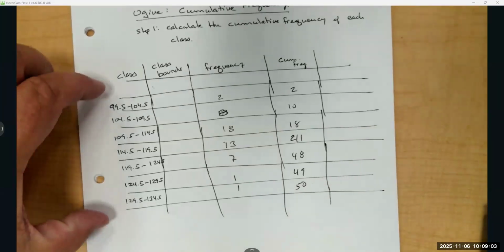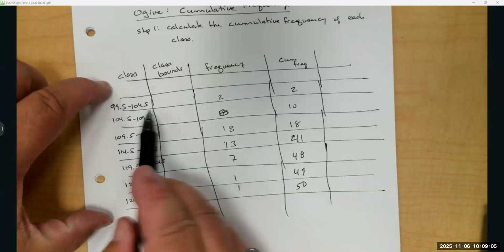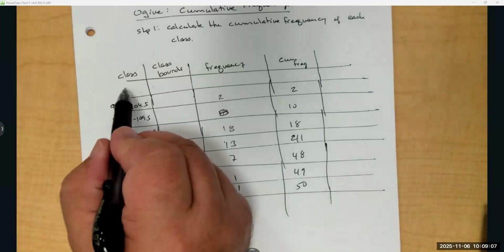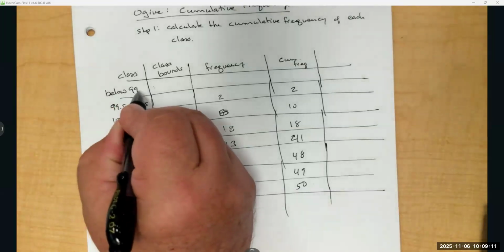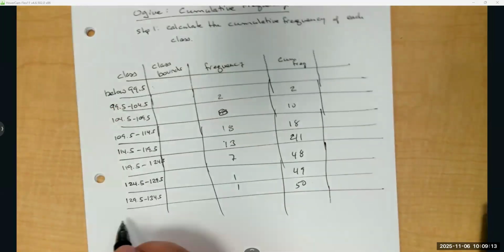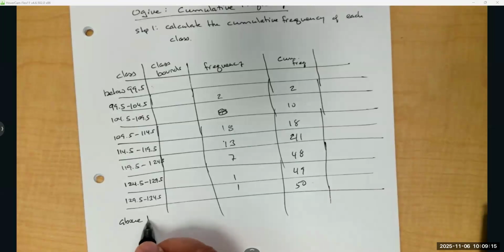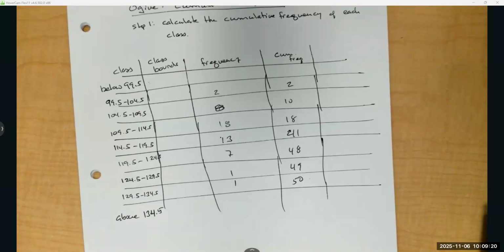So what goes on between here? These are between these. Before this is what's below 99.5, and what's above 134.5. The reason we have to ask those two questions is what if we have something called an outlier?